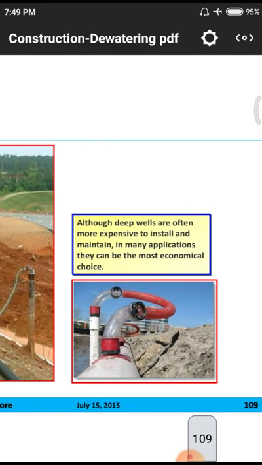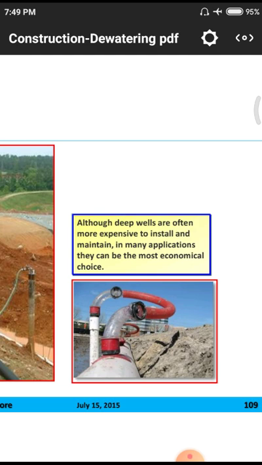Although deep wells are often more expensive to install and maintain, in many applications they may be the most economical choice. Why? Because all those are electrically operated systems. They require a huge amount of fixings. That means we need to fix them with sealants, vacuum pipes, suction pumps and gauges.